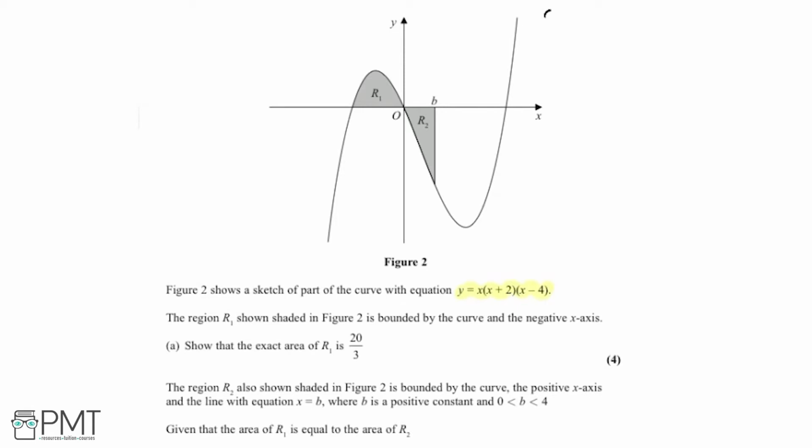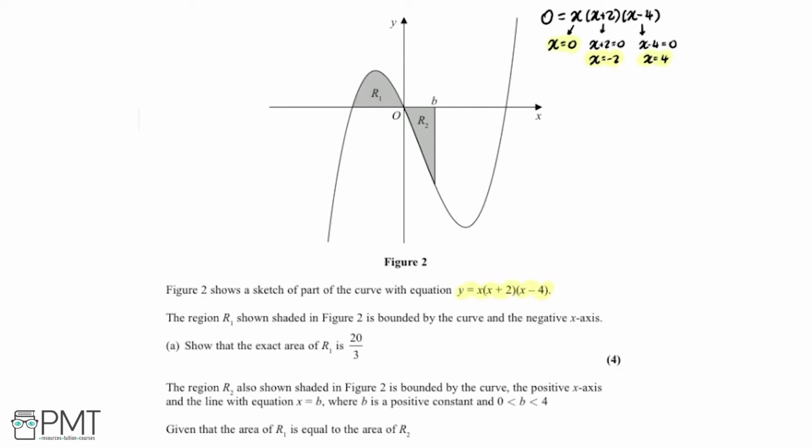So if we do that up here, we've got 0 equals x multiplied by (x plus 2) multiplied by (x minus 4). Here we've got x equals 0, or x plus 2 equals 0, or x minus 4 equals 0. And making x the subject in all of those, we get these 3 roots: x equals 0, x equals minus 2, and x equals 4.